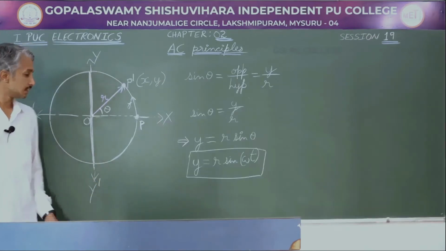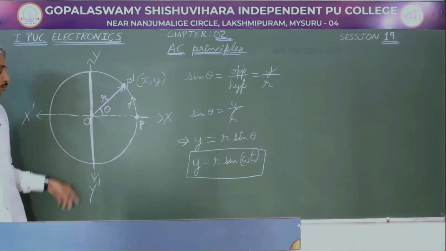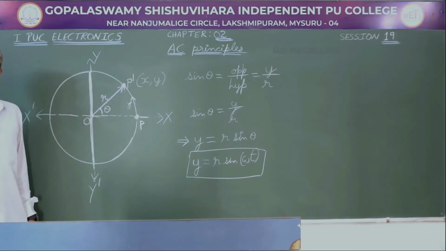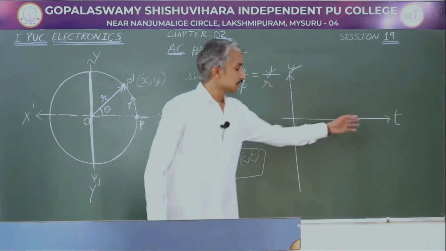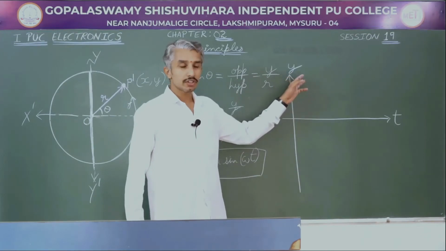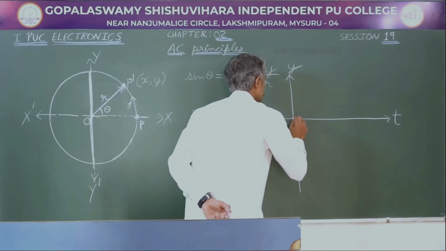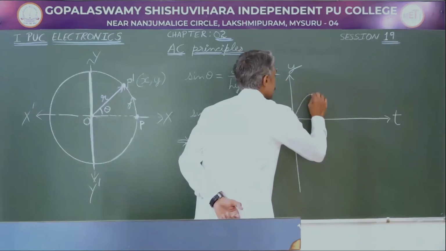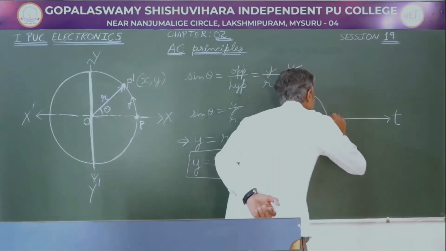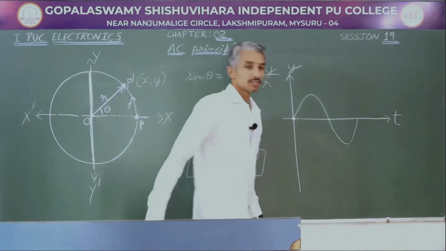So, you see there the projection of the circular motion on y axis makes oscillations, which are repeated up and down motions, and the same can also be shown in a graph. If I take the time along x axis and the variation of y along y axis, then I see initially the projection which was at 0 increases to maximum and again returns to 0, decreases to negative maximum and again comes back to 0, and it repeats.